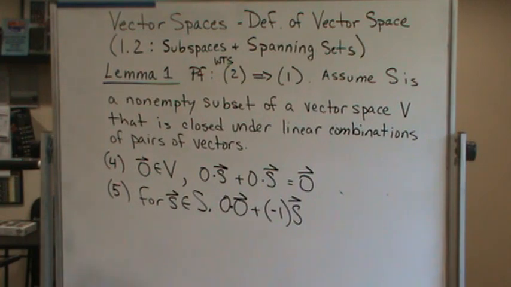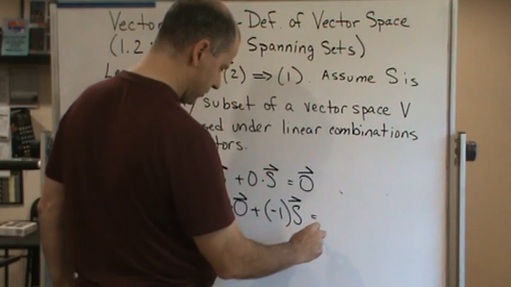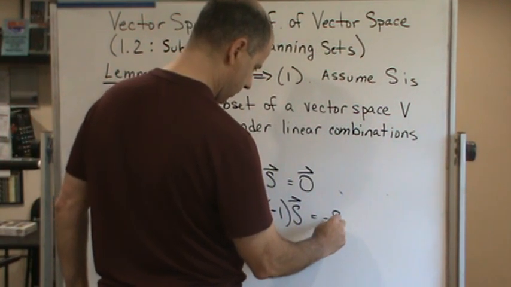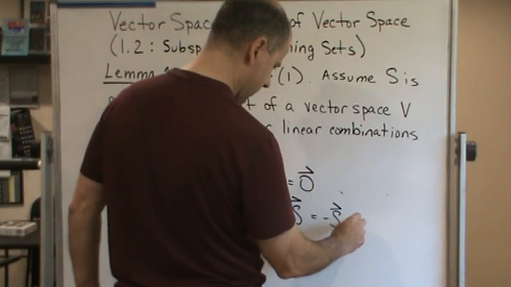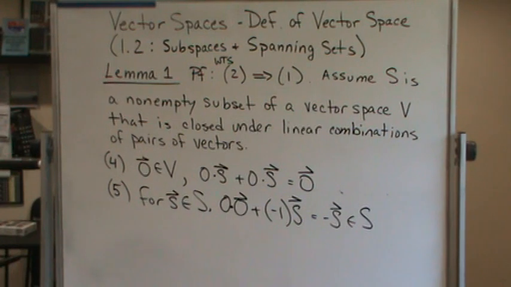But this is also equal to negative S, which is an element of S. And it's obviously an additive inverse. So now we found the additive inverse of S under the inherited operations.